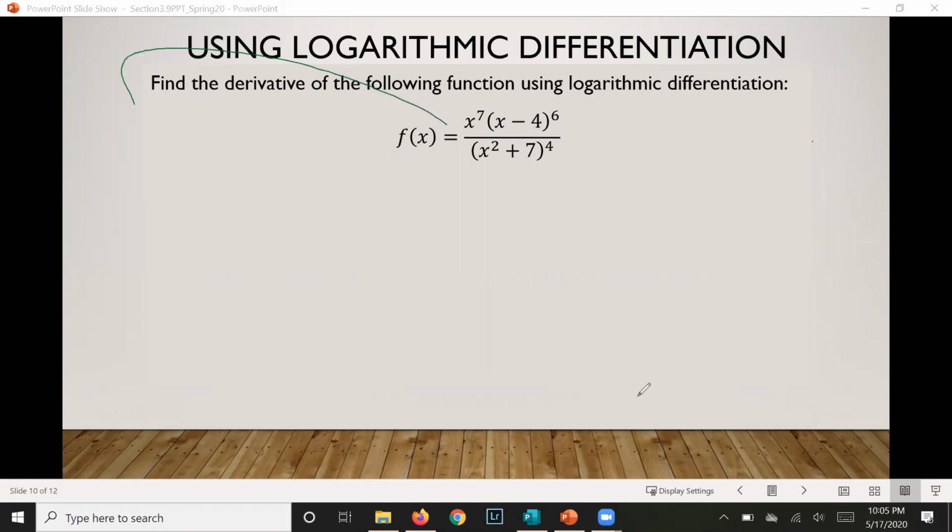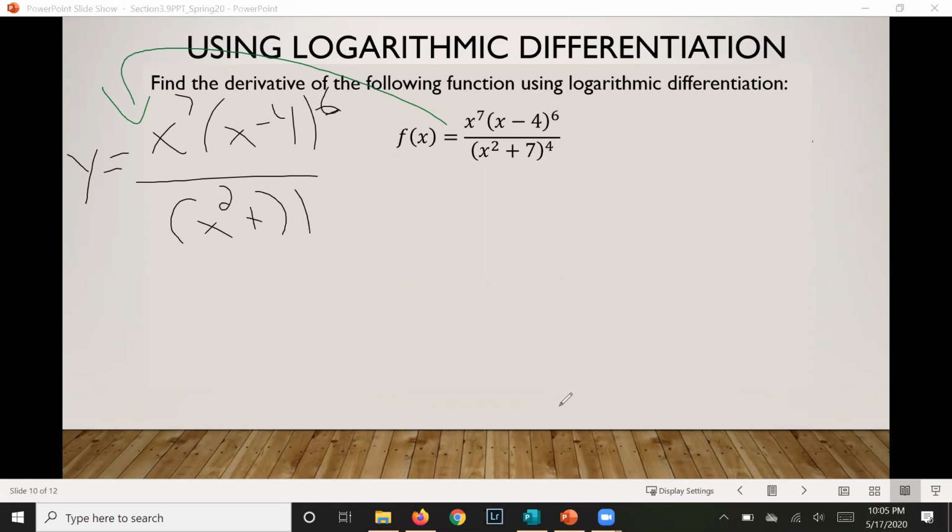So remember, the first thing we do, just to simplify things, is to rewrite this as y equals x to the 7th times (x minus 4) to the 6th, all over (x squared plus 7) to the 4th power. And then we're going to take the ln of both sides.